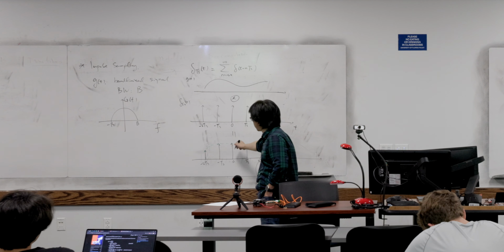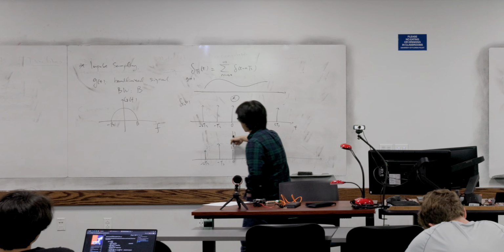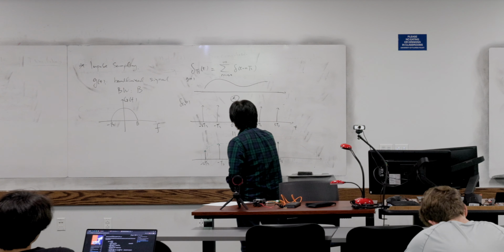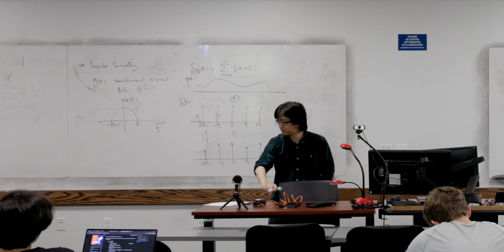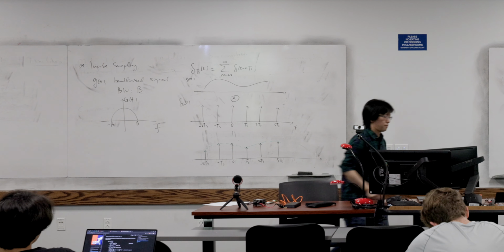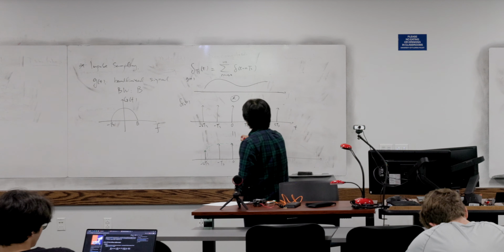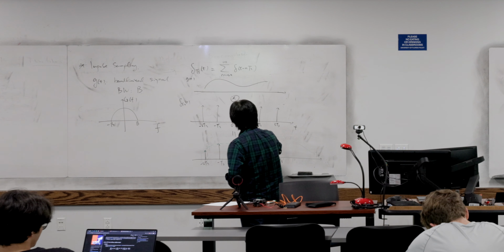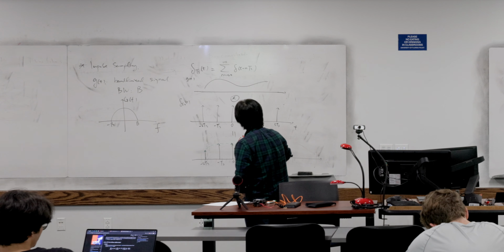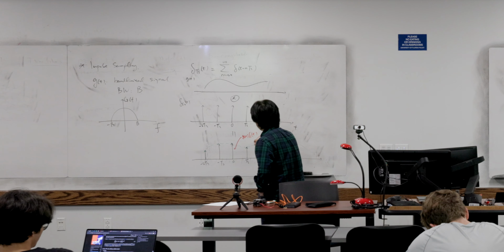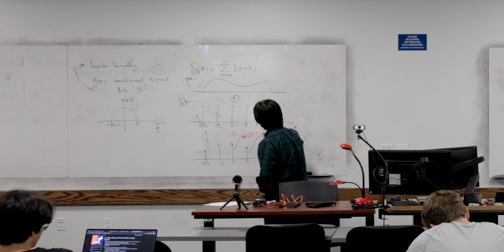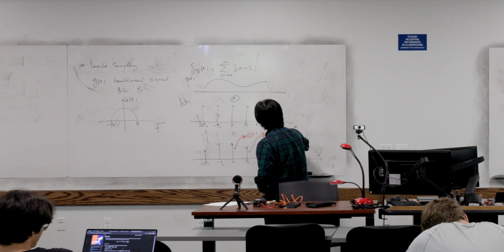So what does each of these arrows mean? It's a weighted delta signal. This one is g(0) multiplied by delta(t). And this one is g(Ts) multiplied by delta(t minus Ts).